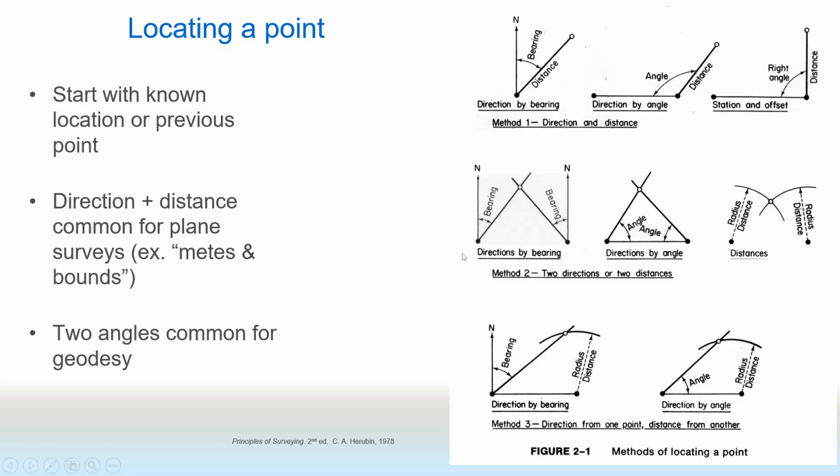While using two reference points, we can locate a point while measuring directions by bearing, directions by angle, or the position of an unknown point with two distances.